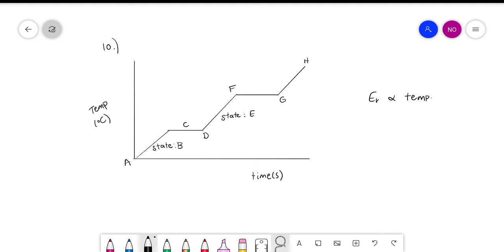Okay. So for all of the diagonal parts, kinetic energy increases while potential energy remains the same. En vir al die plat stukkies bly kinetiese energie dieselfde, maar potentiële energie verander. Now we need to say also what that means. As die kinetiese energie toeneem, if kinetic energy is increasing, what does that mean if you're looking at the particles? What are they doing differently?